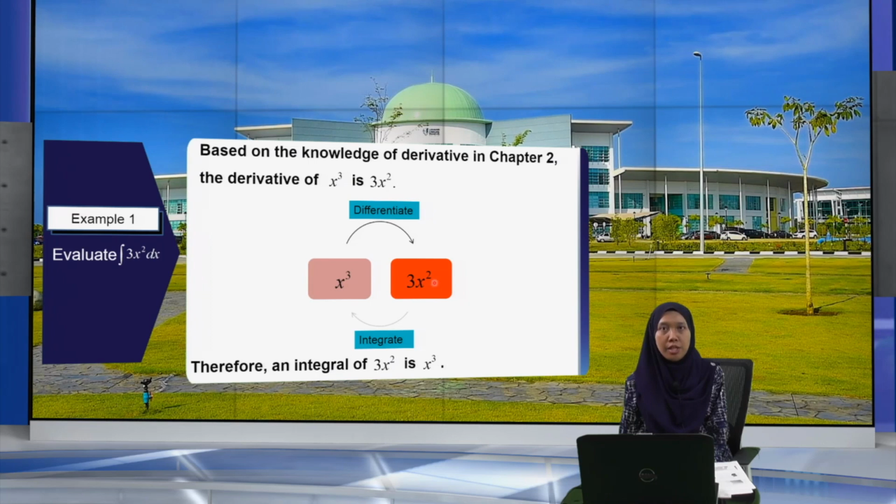Since integration is antiderivative, the integral of 3x squared is equal to x cubed. That means when we integrate 3x squared dx, we will get x cubed.